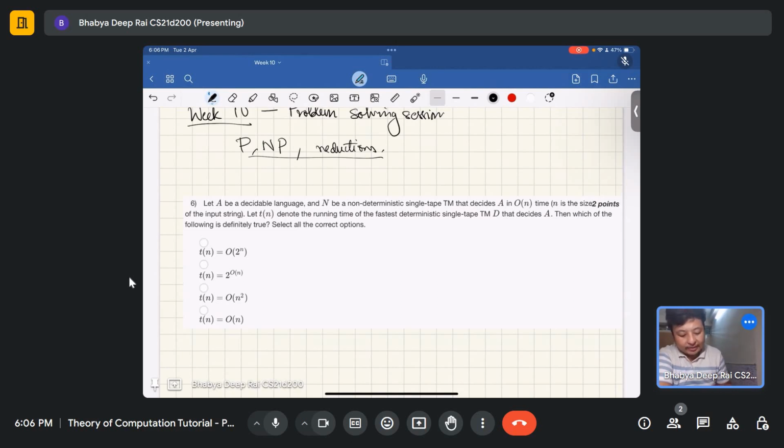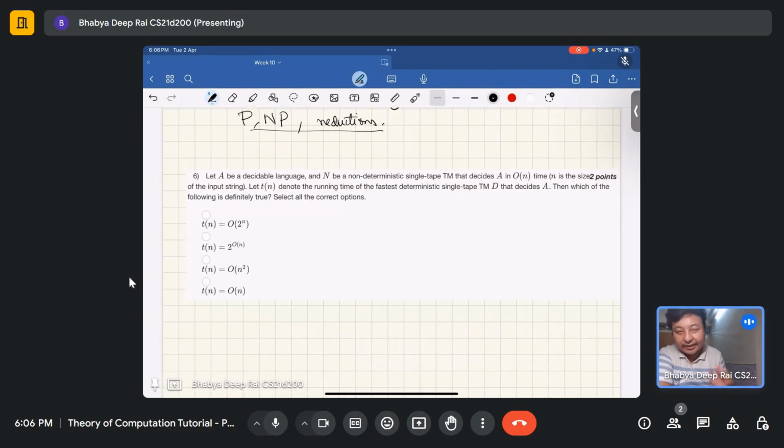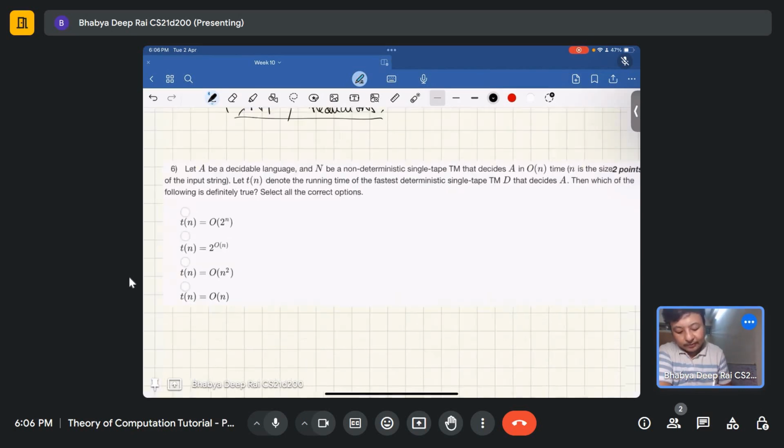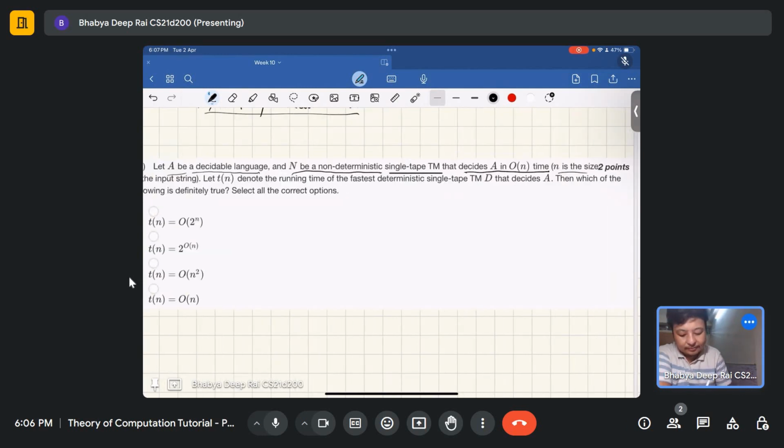Okay. So, here are a few questions from the assignment of week 9, which I've handpicked, which seem to be on the tougher side. So, let's begin. This is question number 6 from assignment 9, which says, let A be a decidable language and N be a non-deterministic single tape Turing machine that decides A in linear time, order n time. n is the size of the input.